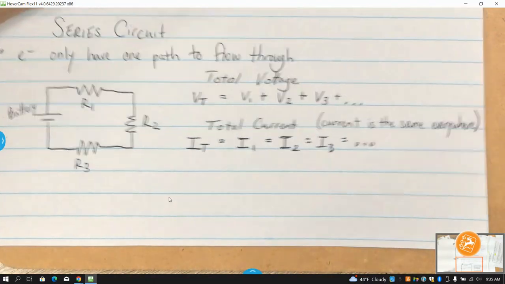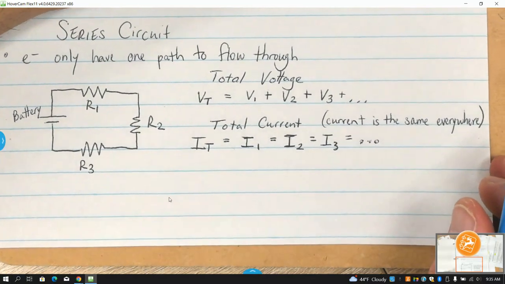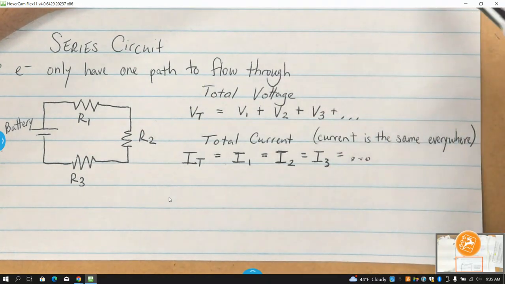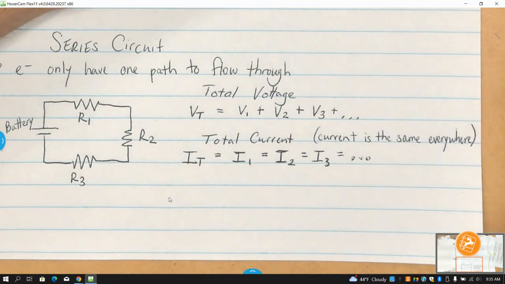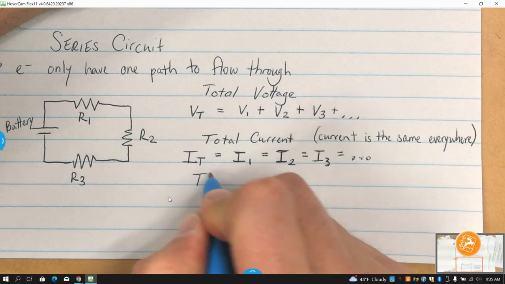And then total resistance, sometimes called equivalent resistance, depending upon what source you're looking at. Some books may say equivalent resistance, REQ. I use total resistance. They're the same thing. So if they ask you for it, this is what they're referring to.